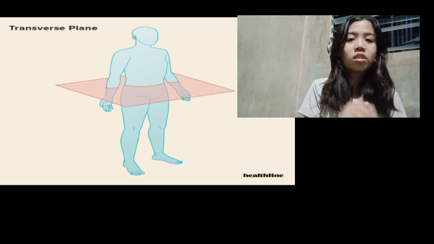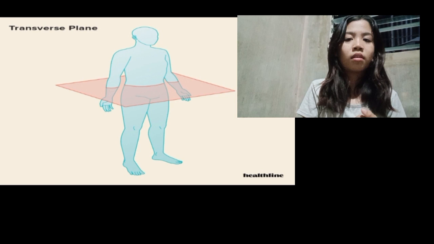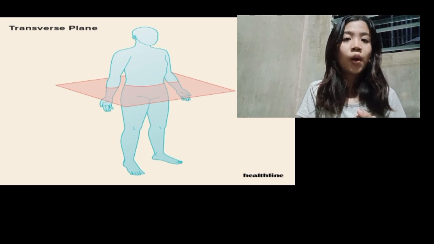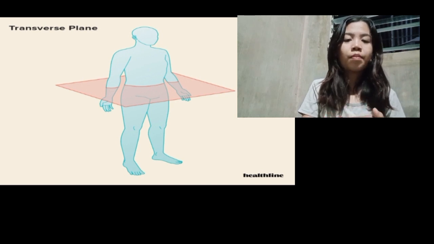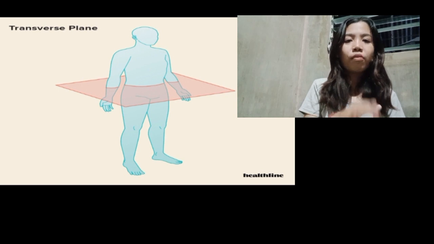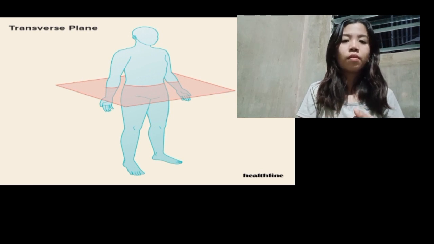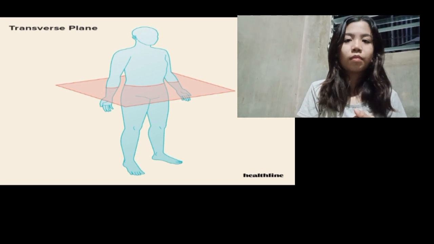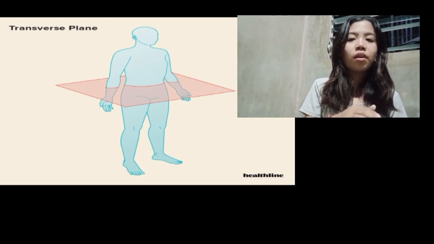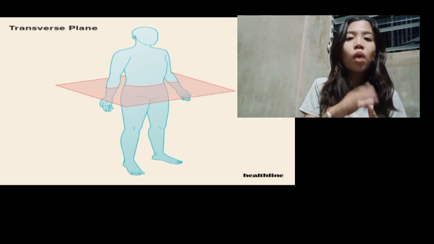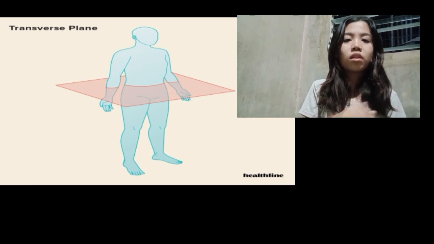The transverse plane is particularly important for understanding rotational movements. Movements that occur within this plane involve rotation or twisting of body parts. For example, when you rotate your head from side to side, you are moving within the transverse plane.